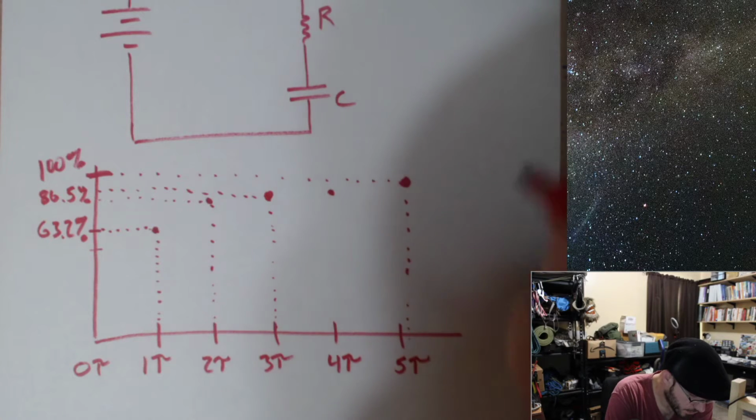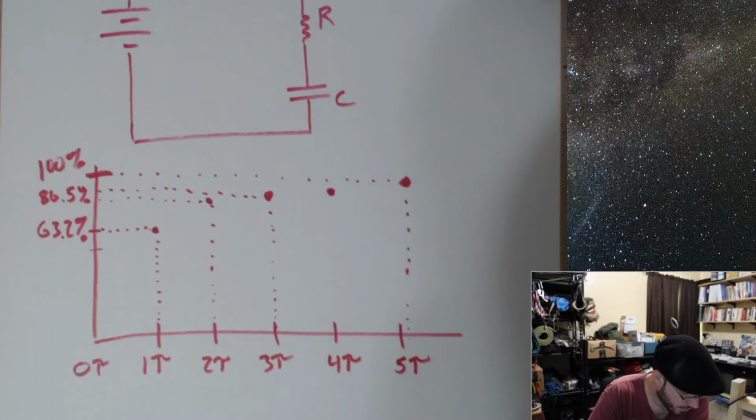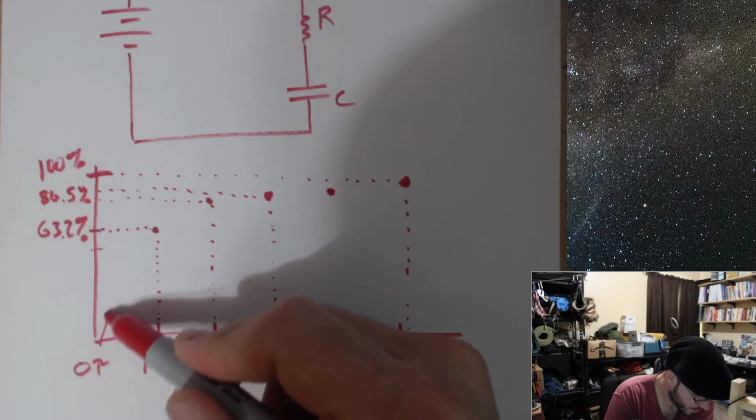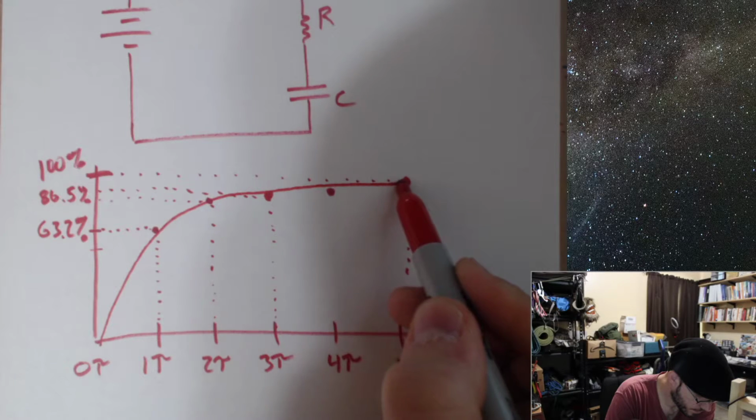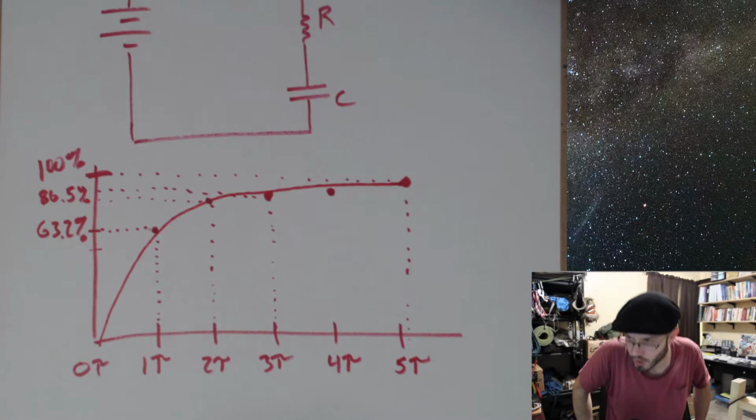Three, 4, and then 5. And we get this exponential curve.